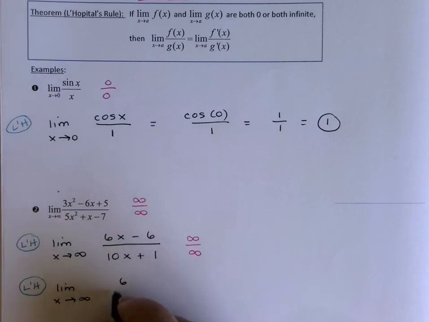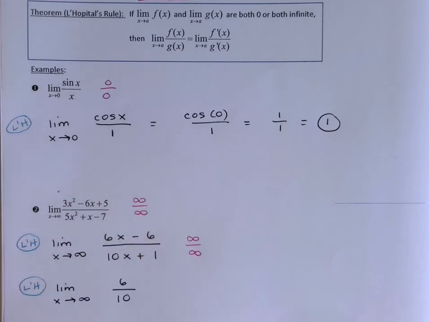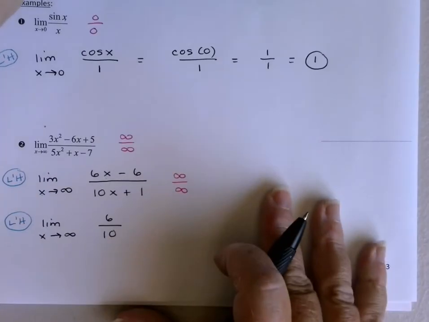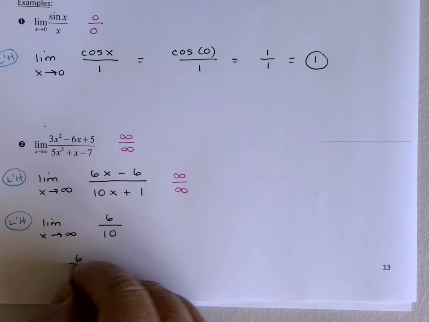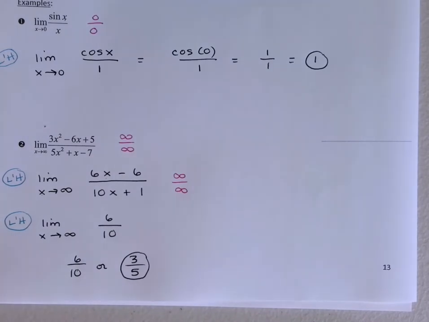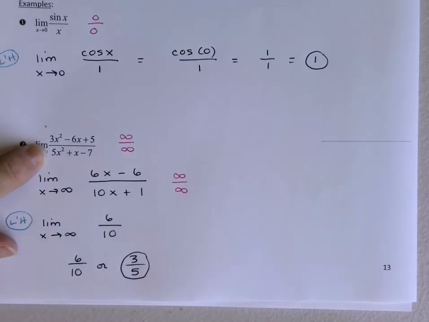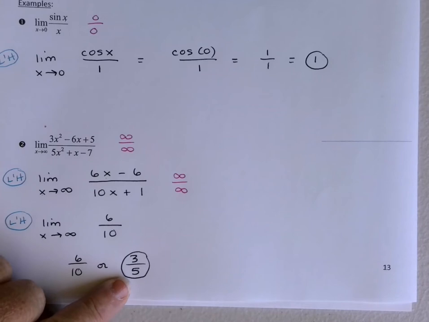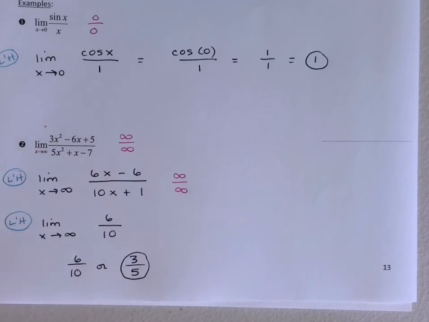Derivative of the top is 6, and the derivative of the bottom is 10. And so I just get 6/10 or 3/5 for my limit. Don't even have to plug anything in, right? By the way, notice that's consistent with that ratio of the leading coefficients that we would expect when the powers are the same.